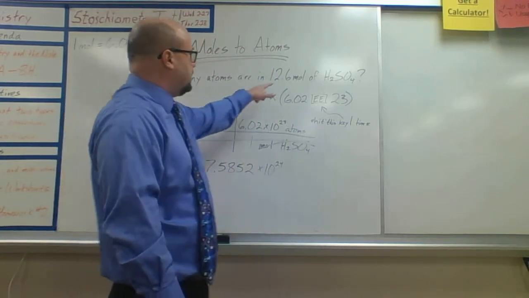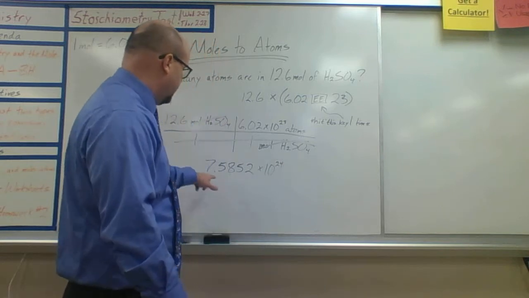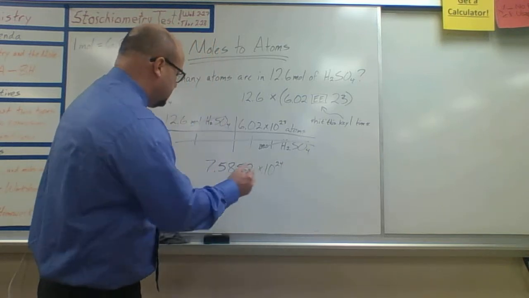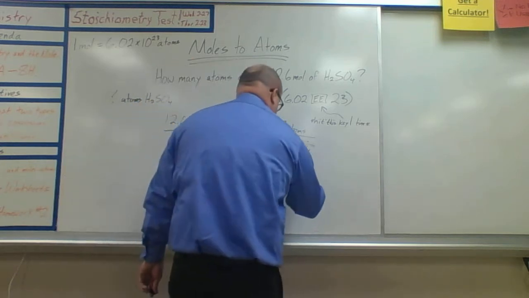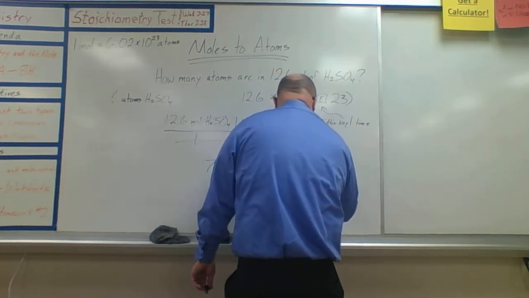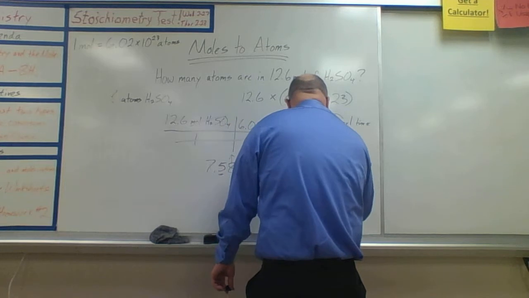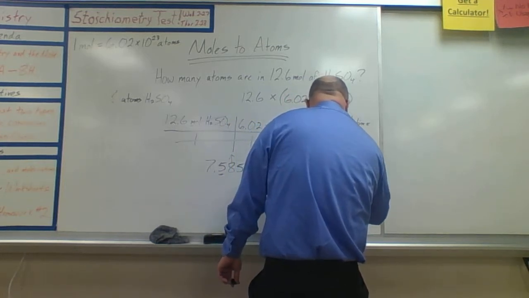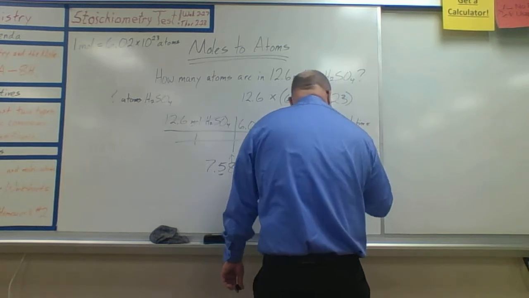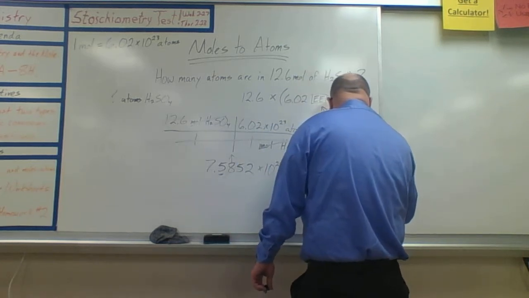We've got 1 decimal in our question, so we're going to round this to 1 decimal. That 8 is going to make the 5 go up. We're going to get, for a final answer, 7.6 times 10 to the 24th atoms of H2SO4.